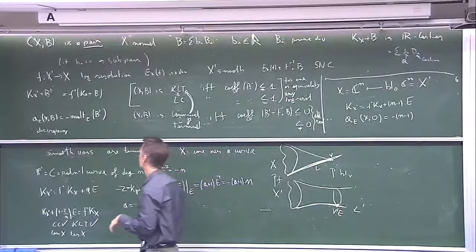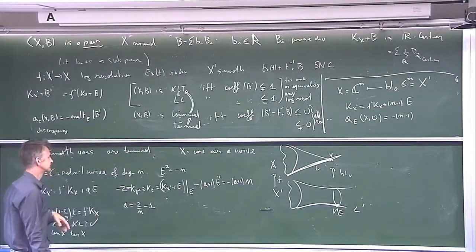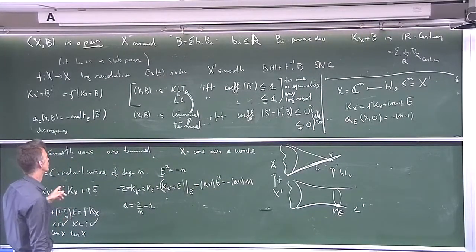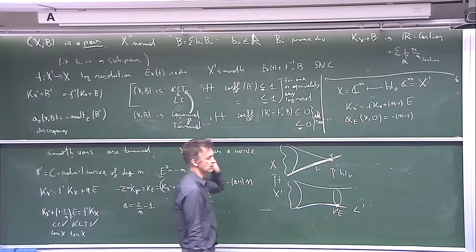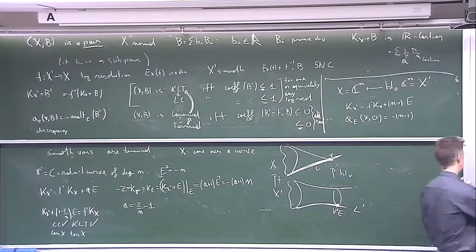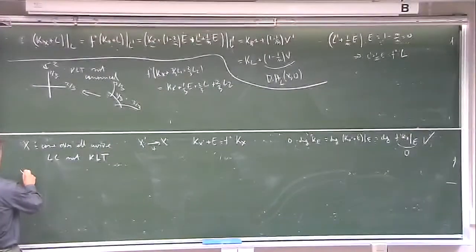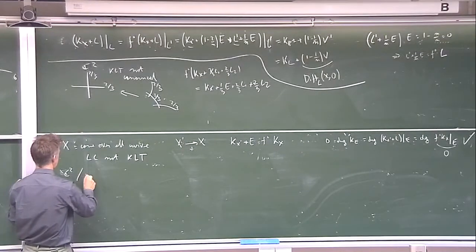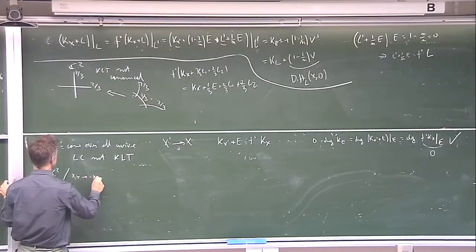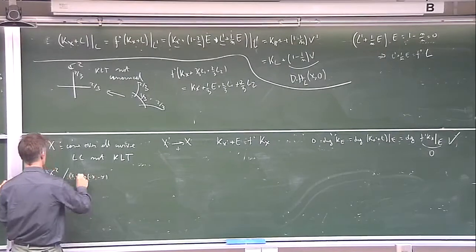OK, so I believe if you want to write down a surface singularity which is canonical but not terminal, you just do C^2 modulo (x, y) goes to (-x, -y), right?